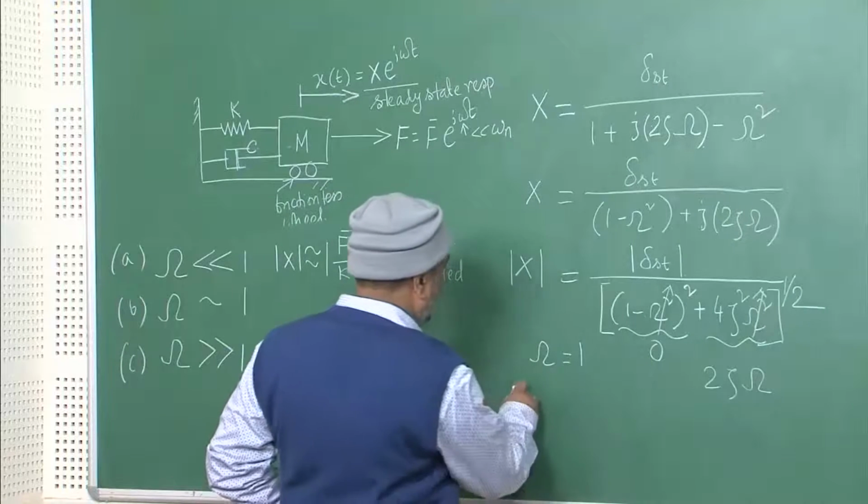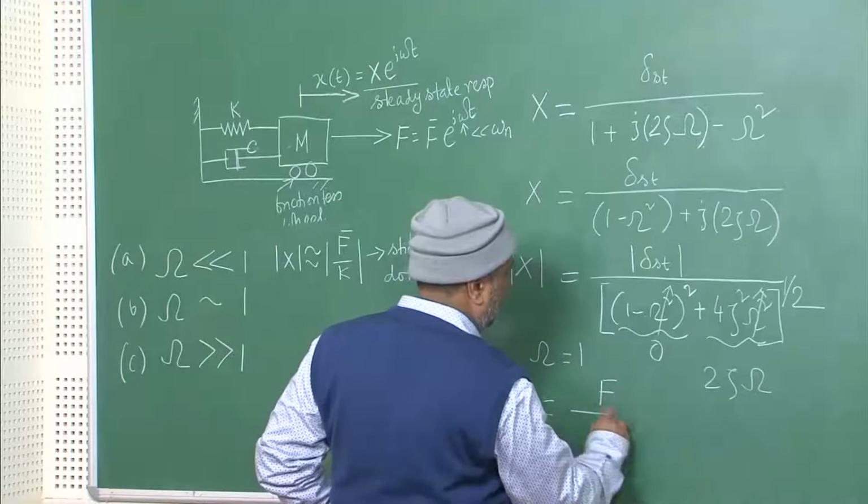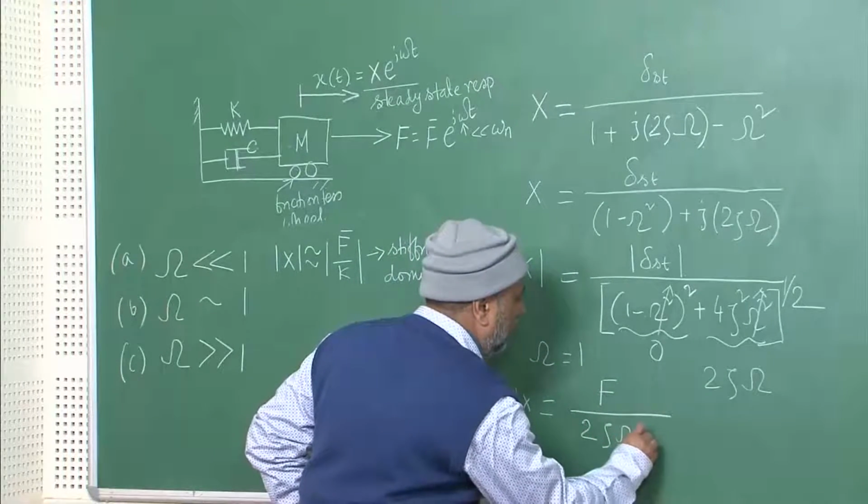So, in the second case x is f over 2 zeta omega k.